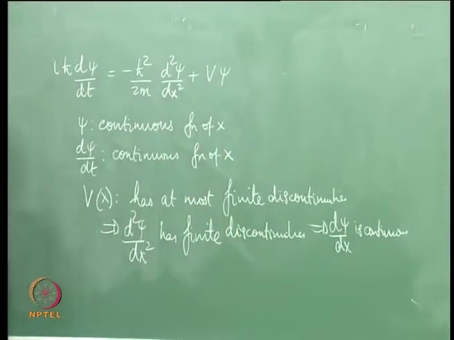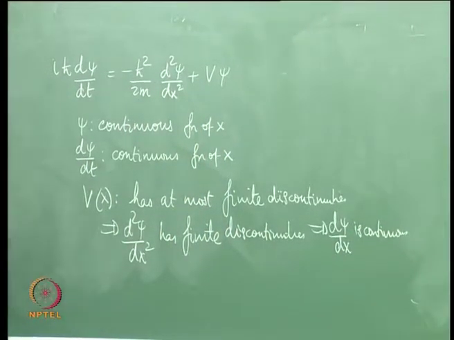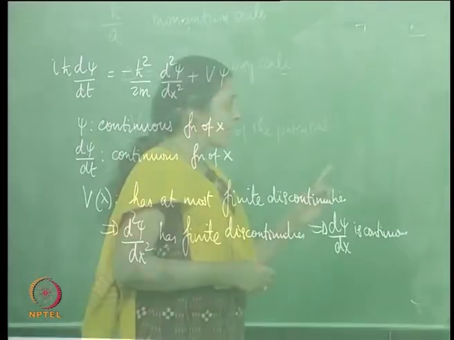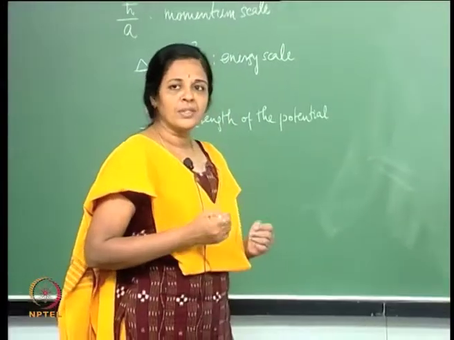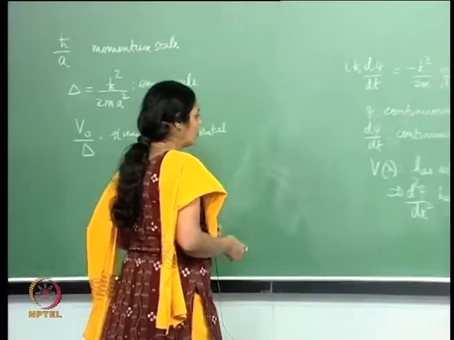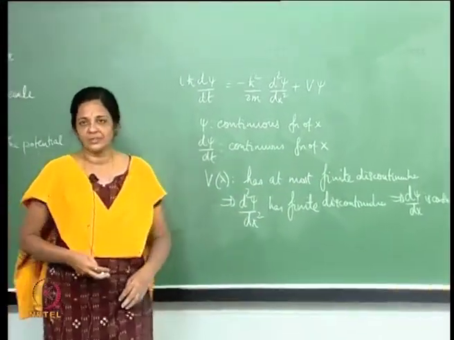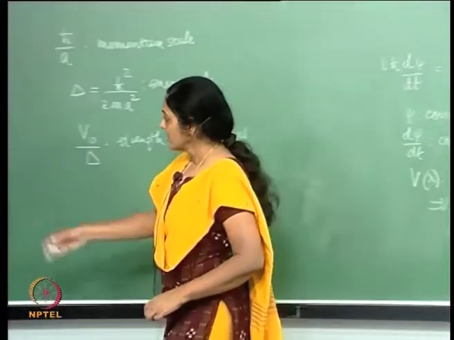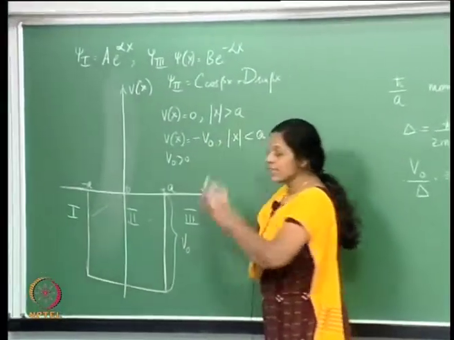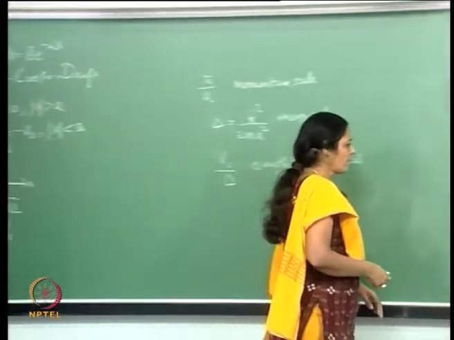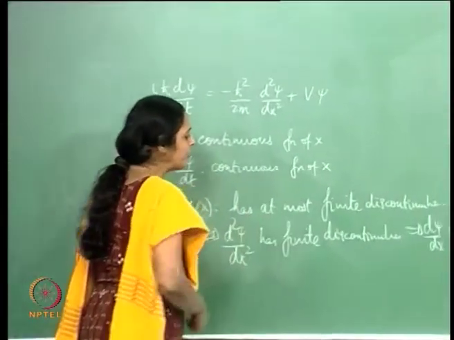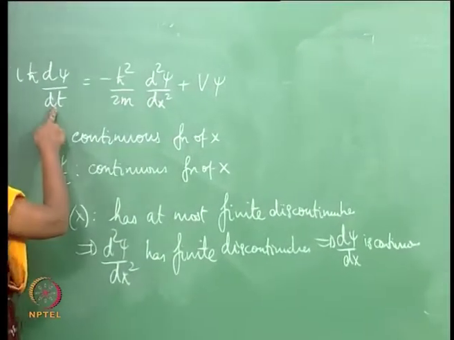Now, that is the kind of situation we are facing here. It is obvious that that is not going to be the case in a problem where, say, V of x has an infinite discontinuity somewhere, such as an infinite well. Suppose there was an infinite discontinuity in V of x.